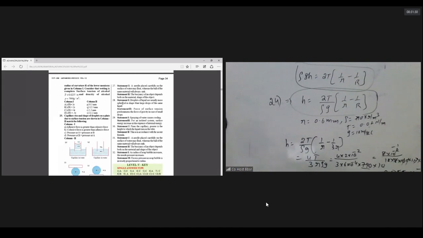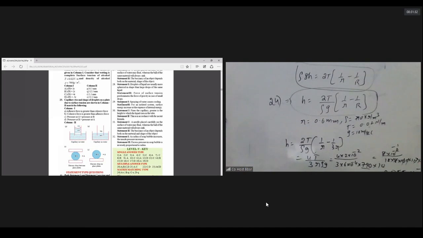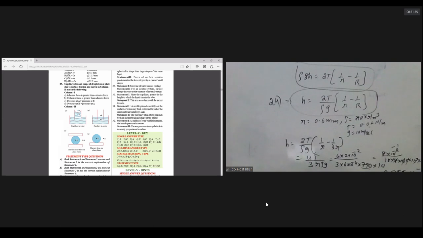Then after that, see question number 25. There are options given. Check now yourself. Check the options: A-R, B-P, C-S, D-Q.